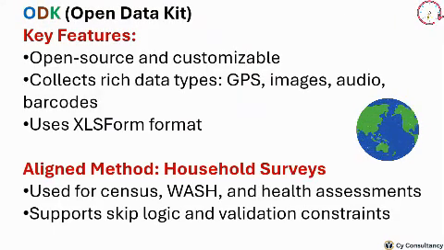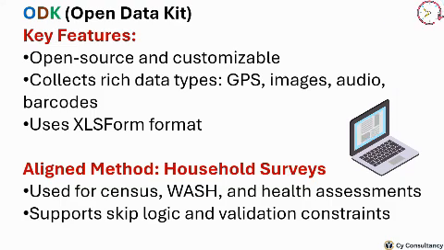The Open Data Kit, ODK, is open source and customizable. It collects rich data types like GPS, images, audio, and barcodes. These are things that you cannot send people out in the field to collect; they can never bring you the coordinates.